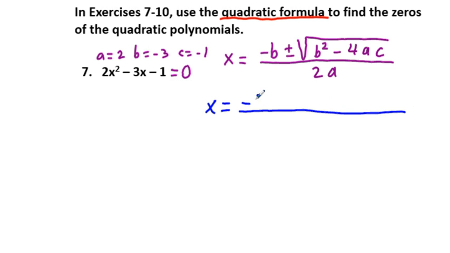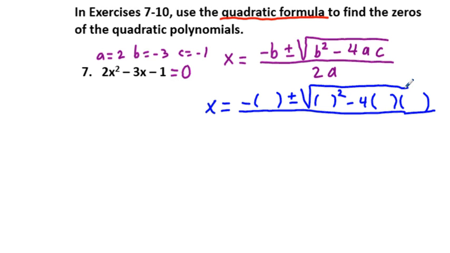We're going to put negative, open parentheses for b, plus or minus the square root of open parentheses squared minus 4 open parentheses, and then in the denominator we have 2 open parentheses.